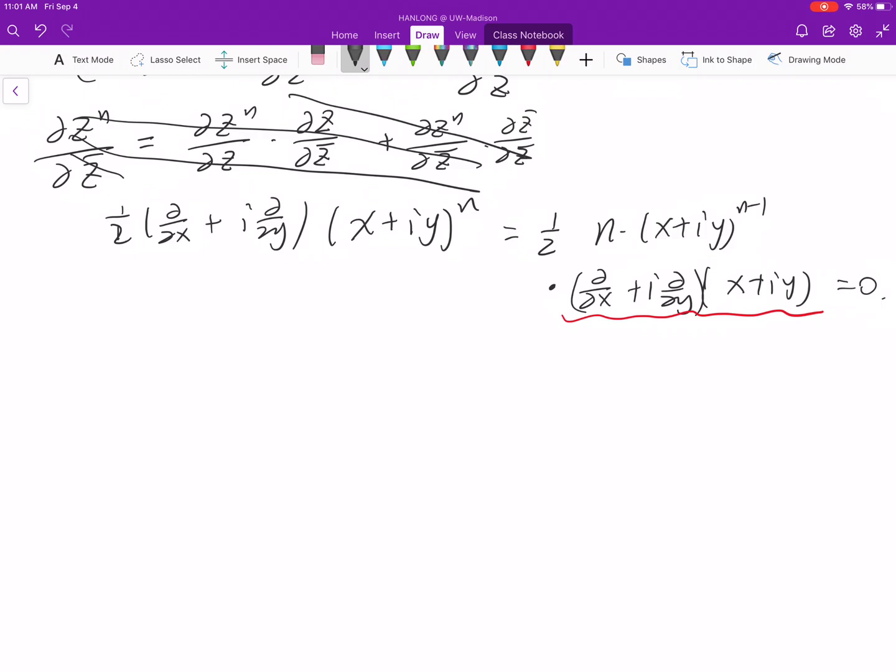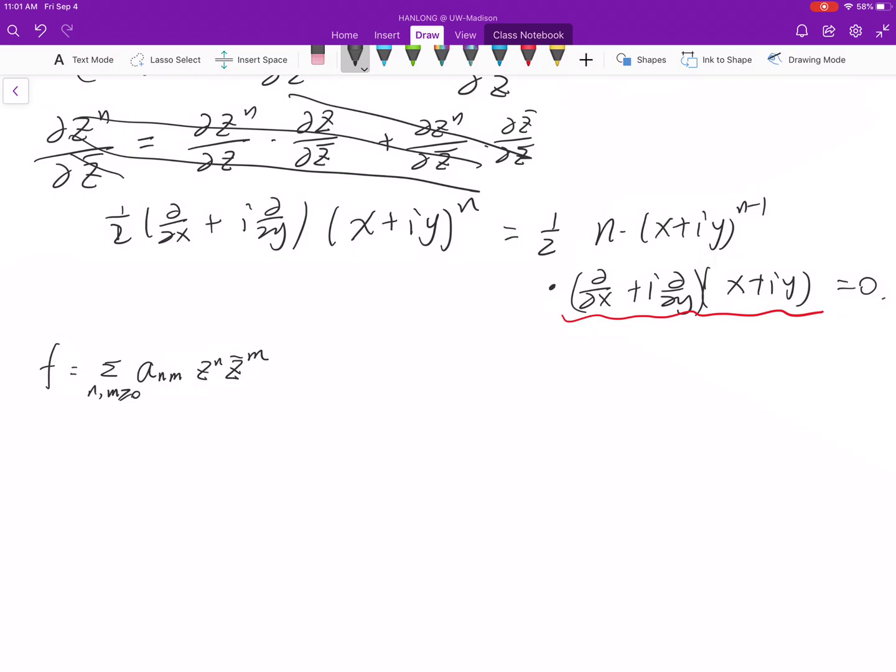Later, after we learn power series, we will emphasize that to tell whether some function is holomorphic or not, you can expand the function into a power series. For example, f is a summation of a_{nm} z to the nth power z bar to the mth power.